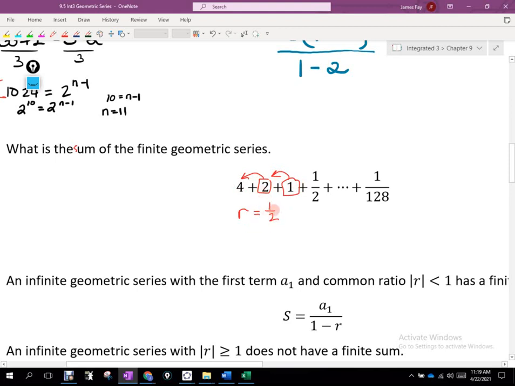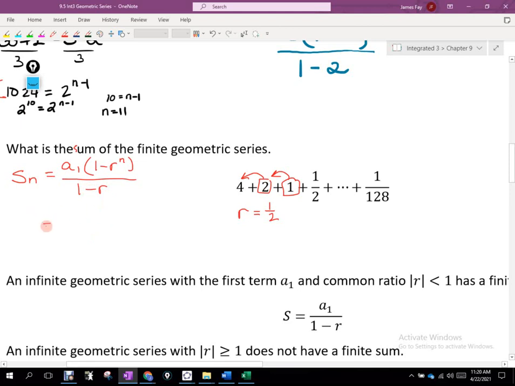If I let R be 2, if I thought divided by 2, then when I multiply in my formula, these would be increasing from 4 to 8 to 16 instead of going the other direction. So, if I want to find the sum of the nth terms, that's going to be a sub 1 times 1 minus r to the n all over 1 minus r.